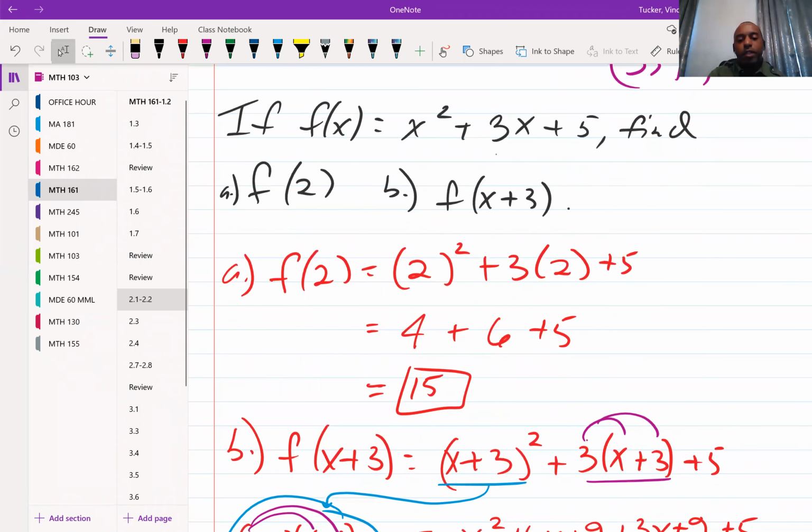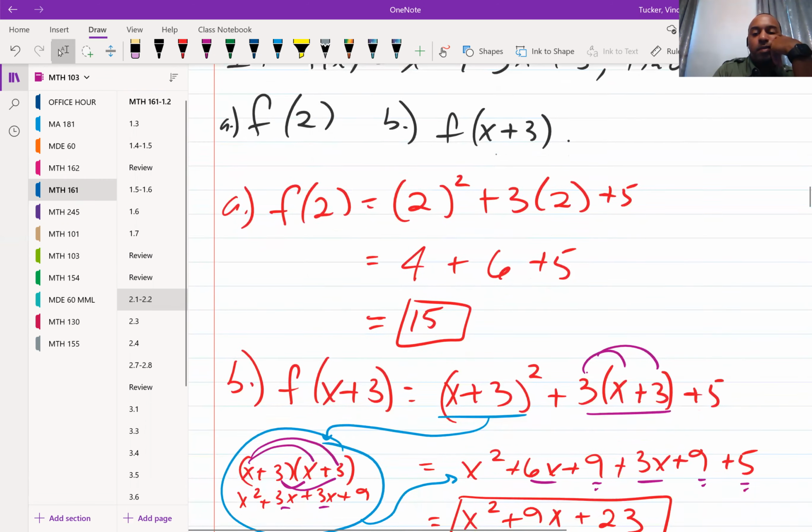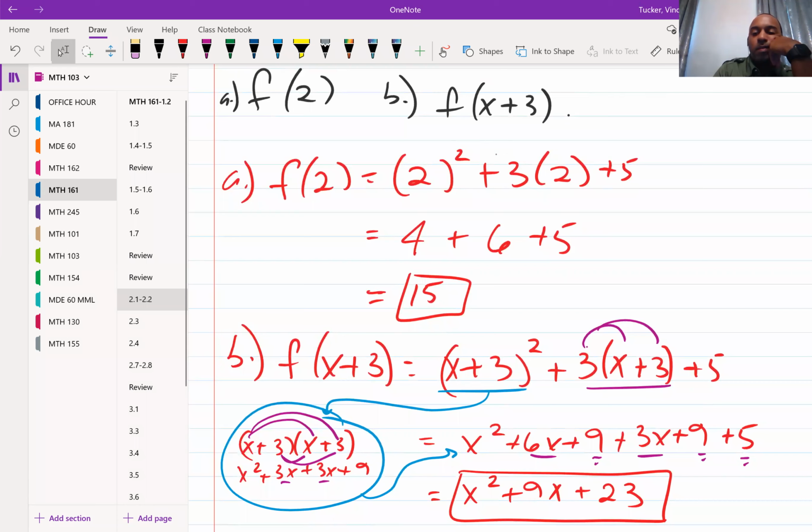Do the same thing with x plus 3. It's (x plus 3) squared plus 3 times (x plus 3) plus 5. So you can expand, distribute, and then simplify as much as possible. So (x plus 3) squared is (x plus 3) times (x plus 3). So you do the formula over here that's in the blue circle.